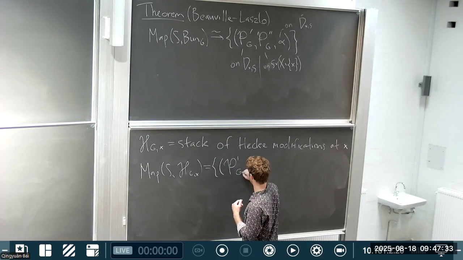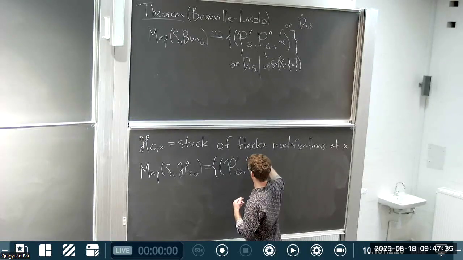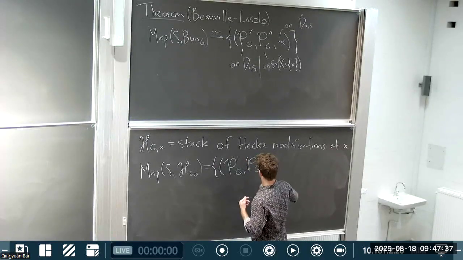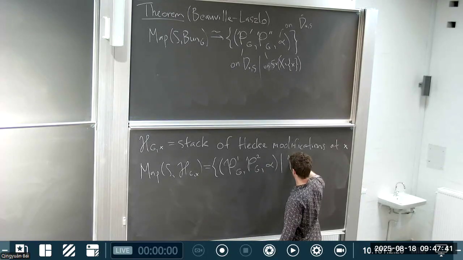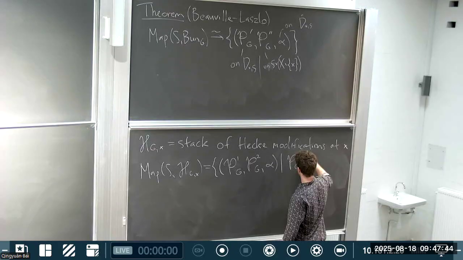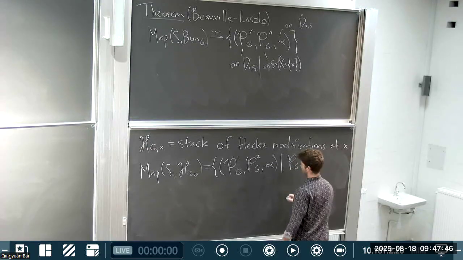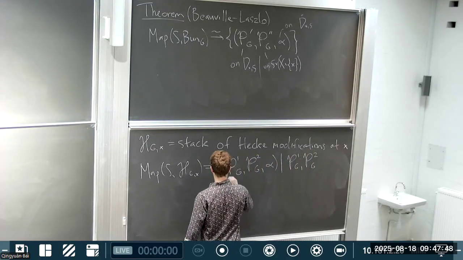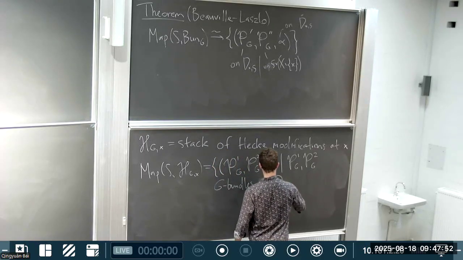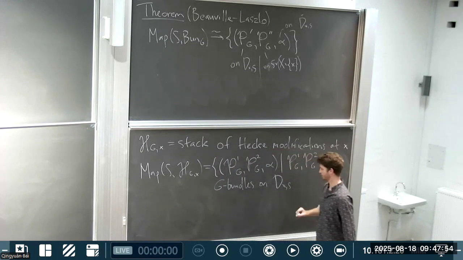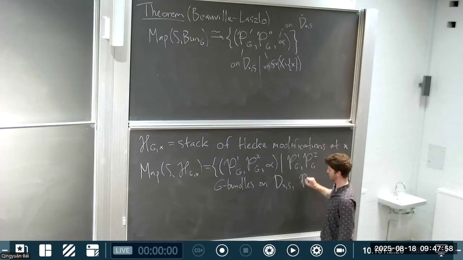I'll do P1 and P2. I'll still use alpha. Here, P1 and P2 are the same kind of thing. They're both going to be G bundles on the disk, and alpha will be an identification between them over the punctured disk.